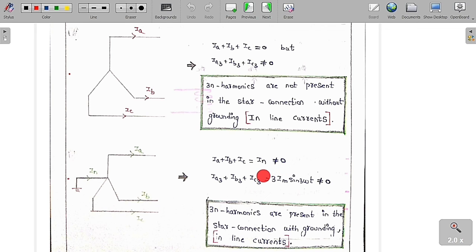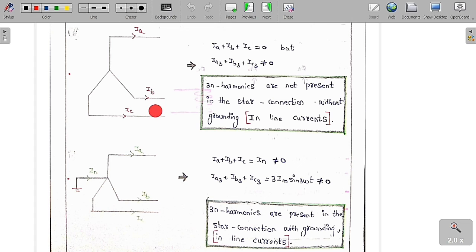IN not equal to 0 means 3n plus or minus 1 harmonics will never be present now in the line currents. Only the 3n harmonic currents are going to be present. So simply we can say that IA3 plus IB3 plus IC3 is equal to 3Im sin 3 omega t, which is not equal to 0. So 3n harmonics are present in the star connection with grounding in line currents.